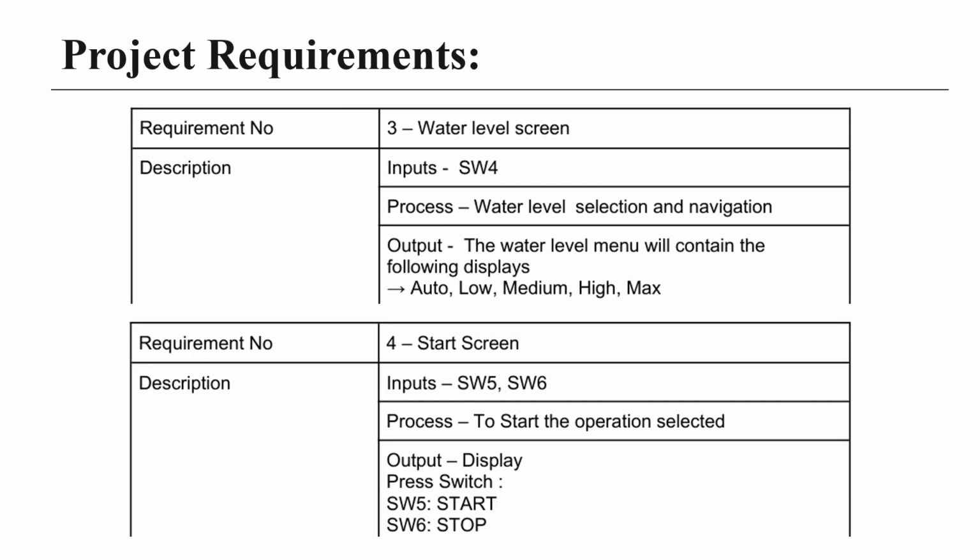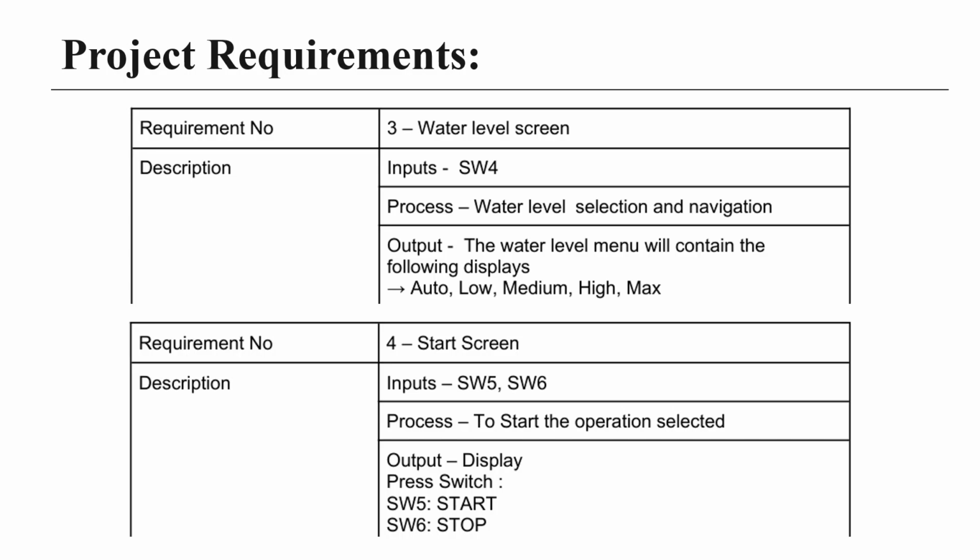Next requirement is the water level screen. In this, the S4 switch is again used. So the various water levels that will be displayed are auto, low, medium, high, and max.